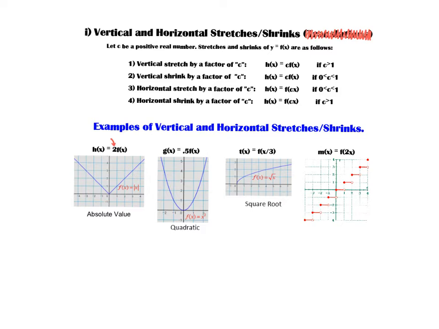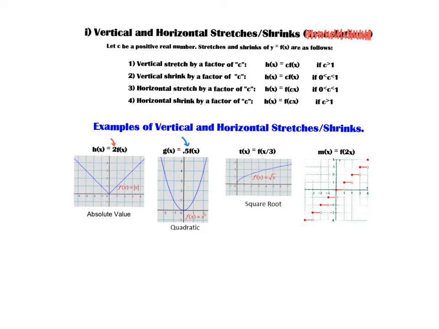A vertical shrink by a factor of c if c is between 0 and 1. So g of x below represents a vertical shrink. So we're going to squash that graph vertically, whereas h of x, we're going to stretch it out vertically.